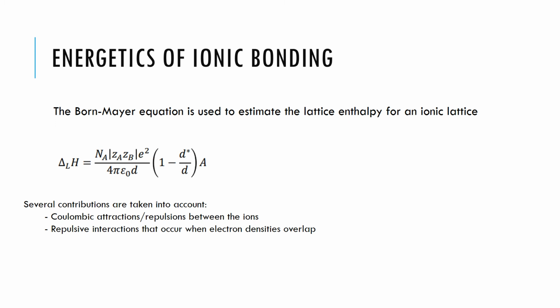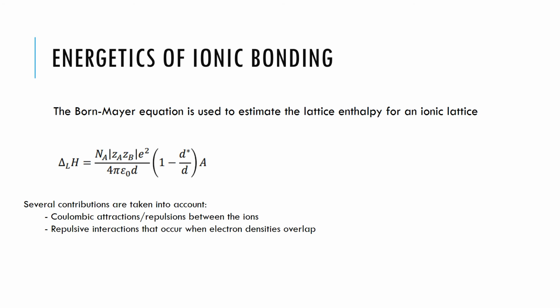The Born-Haber equation then is shown here, and it's used to estimate the lattice enthalpy for an ionic solid. And you can see that there are several contributions taken into account. There are Coulombic attractions and repulsions between ions, and there are repulsive interactions that occur when electron densities overlap. Importantly, I'm not going to ask you to employ this equation in an examination or coursework.